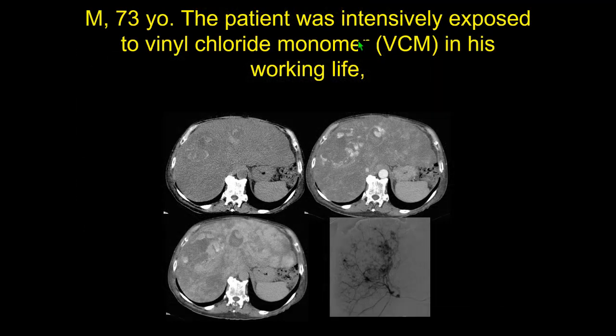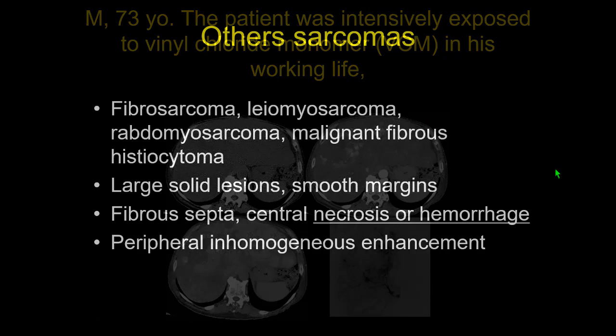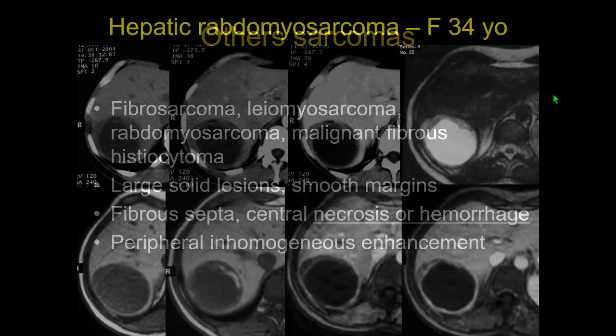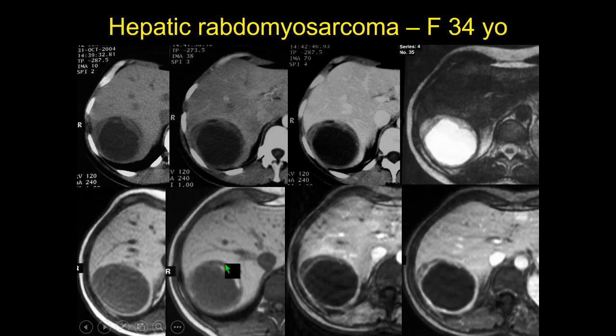But this patient worked in a naval center, and he was exposed to vinyl chloride monomer, and we see the liver completely substituted by these progressively enhancing lesions. It was an angiosarcoma.